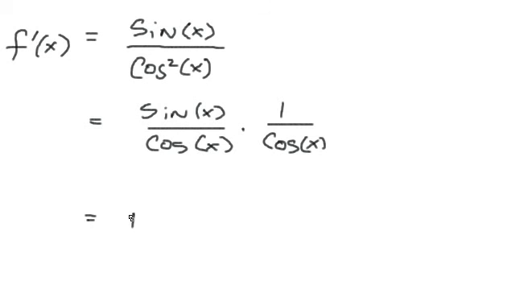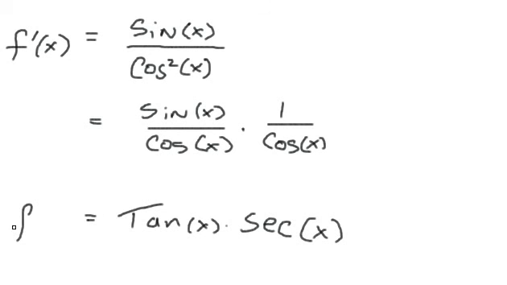Sine x over cosine x is tan x, and 1 over cosine x can be rewritten as secant x. So that is f prime of x is equal to tan x times secant x.